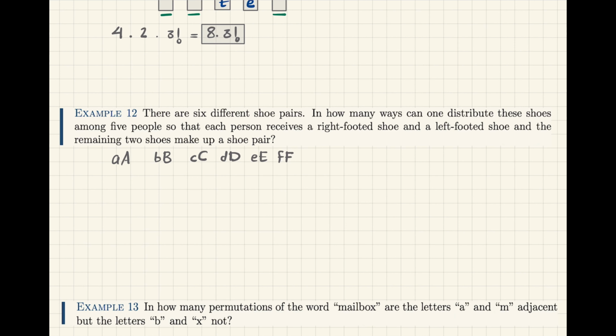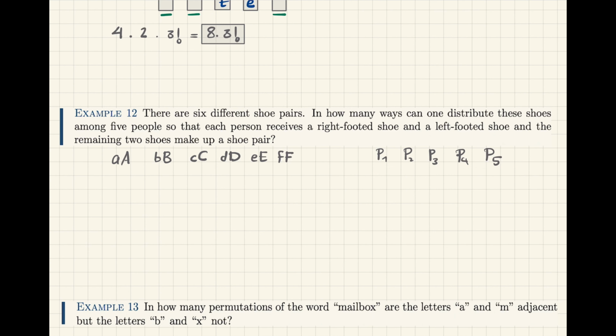And then I have 5 people, so assume that you have 5 persons here. Person number 1, person 2, person 3, 4 and 5. The persons are the positions here. You want to distribute these single-footed shoes among these people.